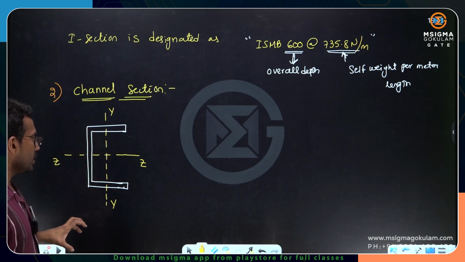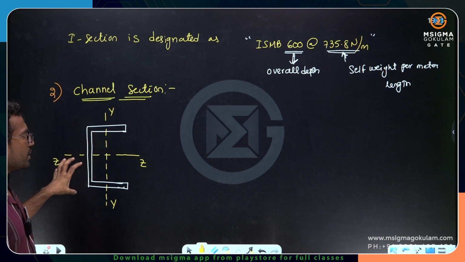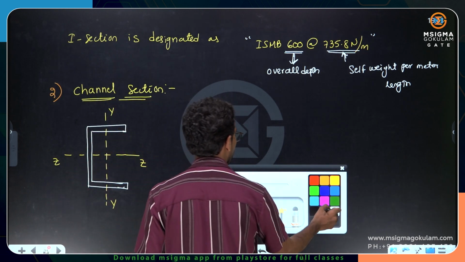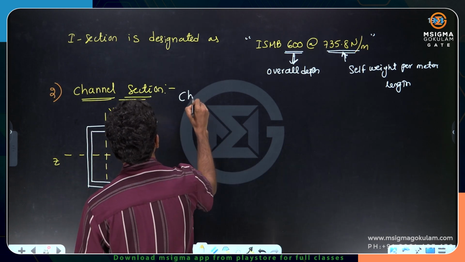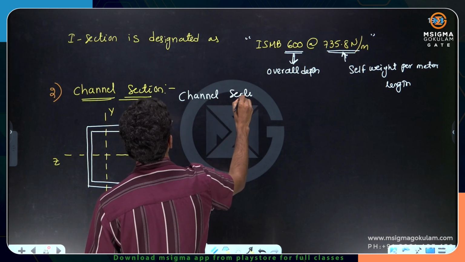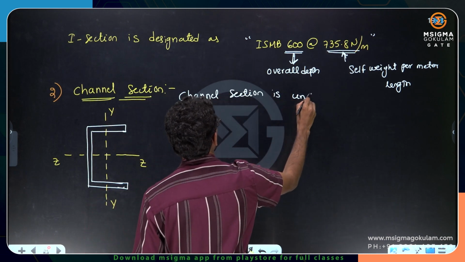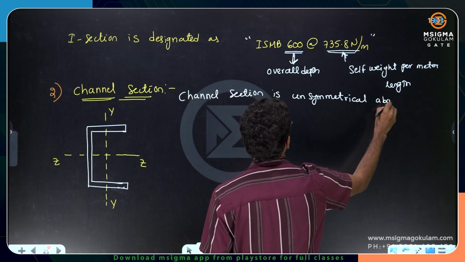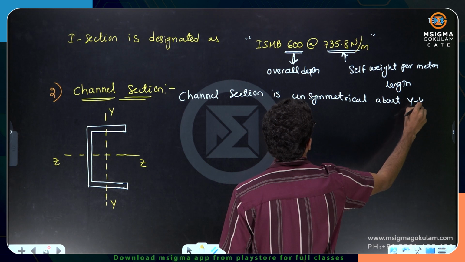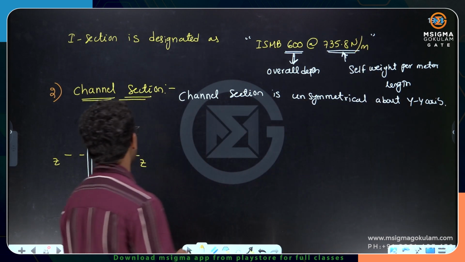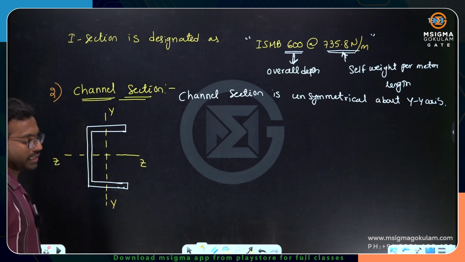So the channel section is symmetrical about the ZZ axis, but unsymmetrical about the YY axis. That's the biggest problem.